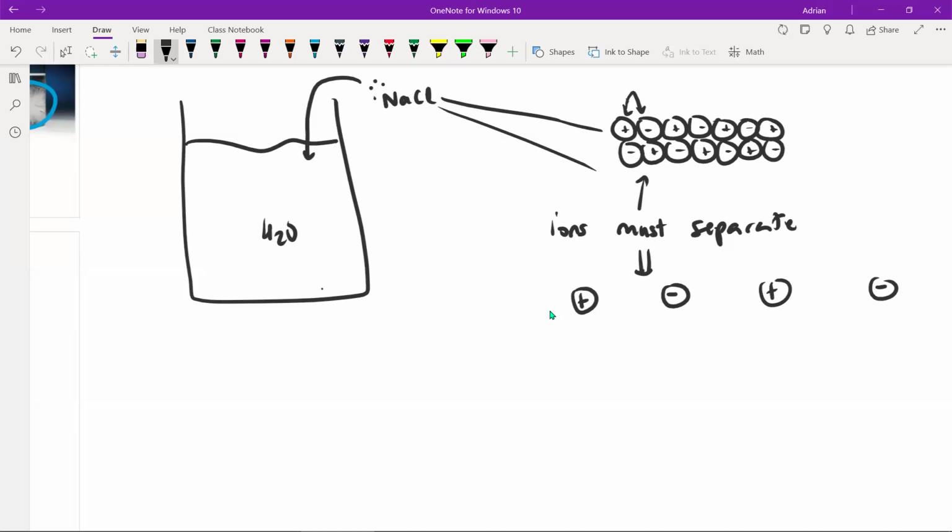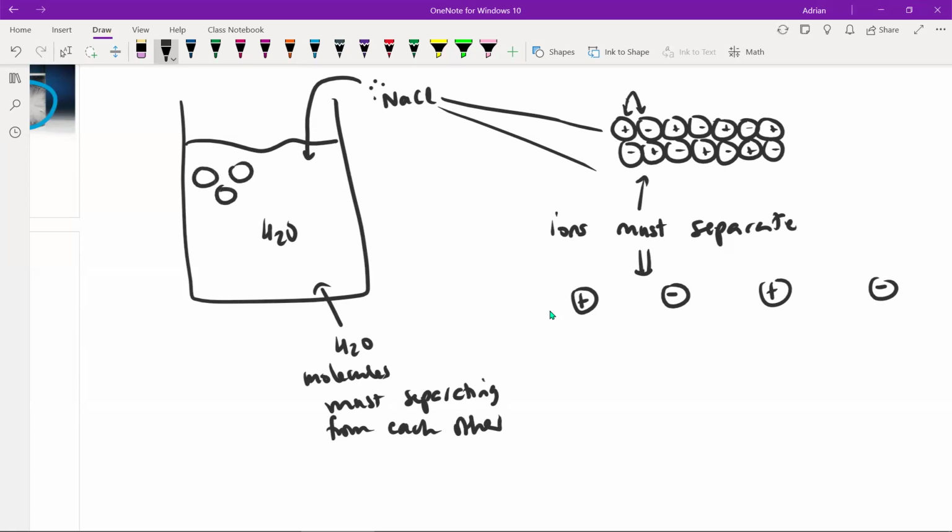And then what also has to happen is the water molecules have to separate from each other as well. The water molecules aren't breaking down; they're just separating from each other. So your water is made up of particles that can move.